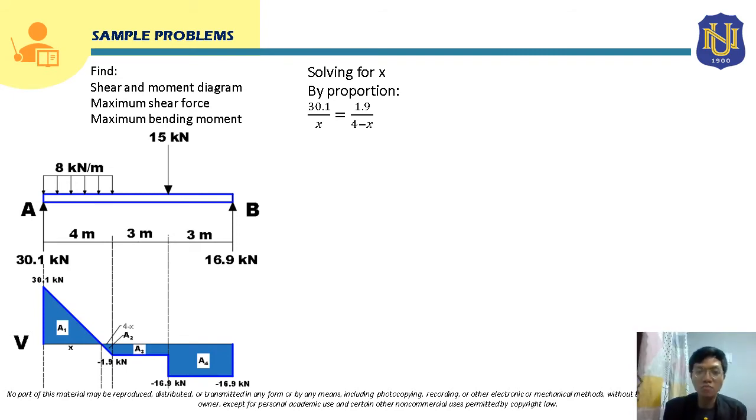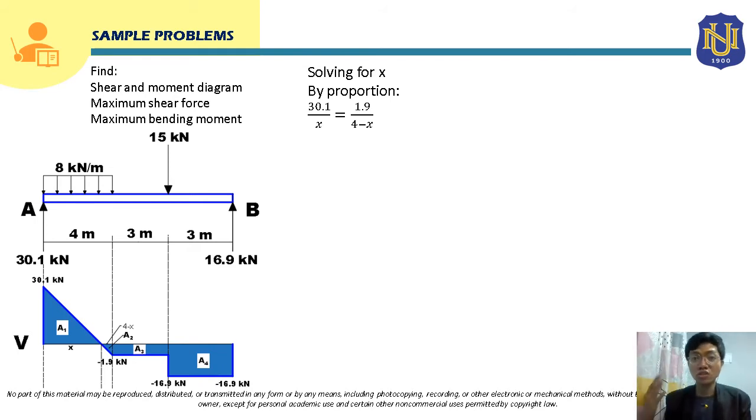You can interchange the numerator and the denominator here, but if you interchange them on one side, you also have to interchange them on the other side, so that the computation is easier.